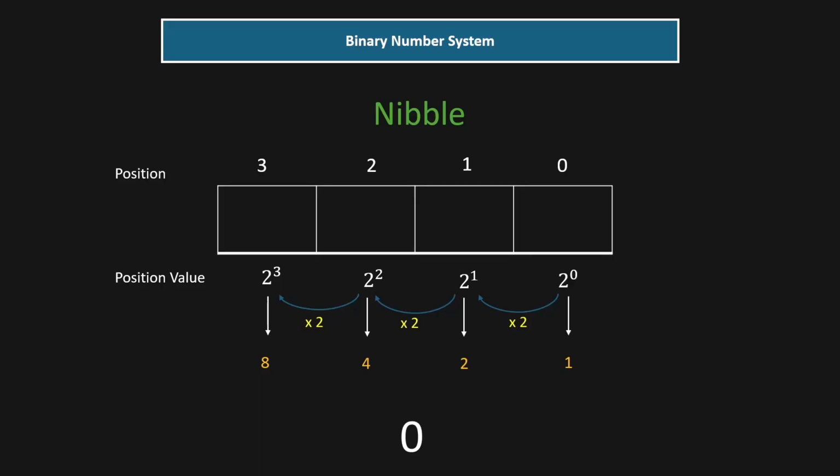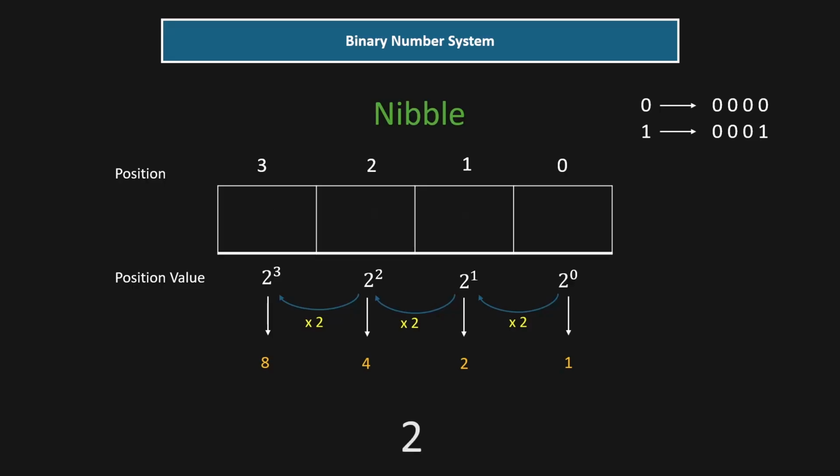Let's begin with 0. For number 0, we have no 1, no 2, no 4, and no 8. What about number 1? In the number 1, we have 1 one, no 2, no 4, and no 8.